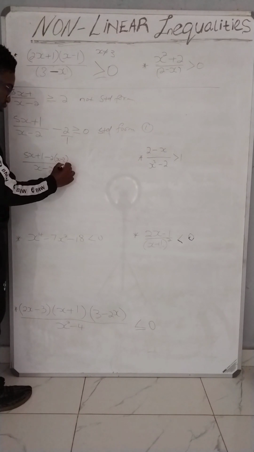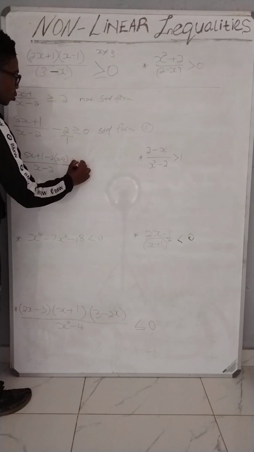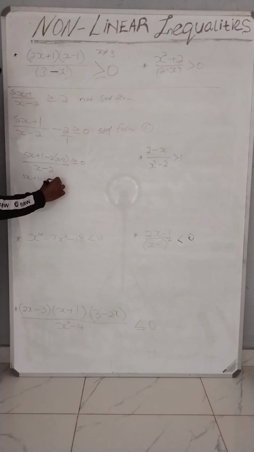Okay, like that. All right, is greater or equal to 0. Now I'm going to simplify that. You're going to have 5x plus 1 minus 2x plus 4 over x minus 2 is greater or equal to 0.